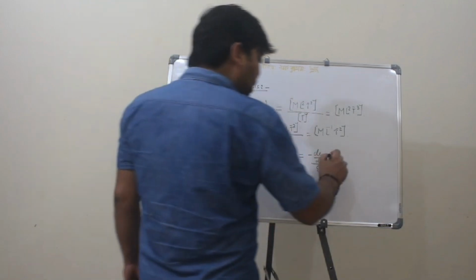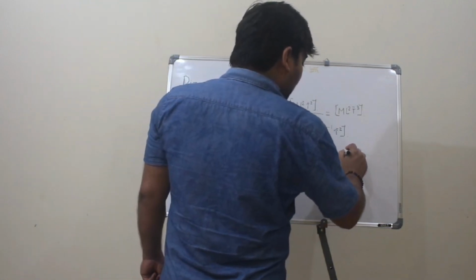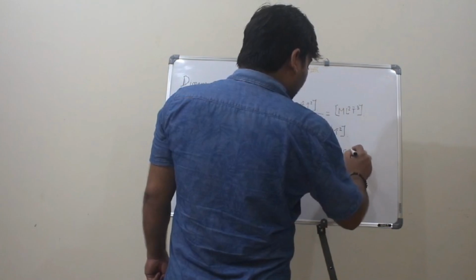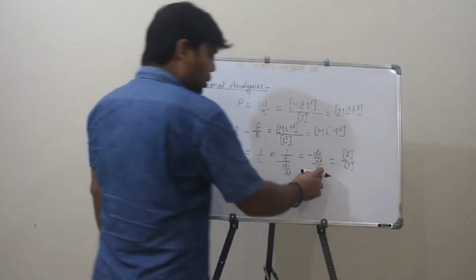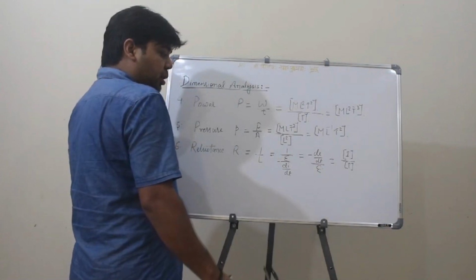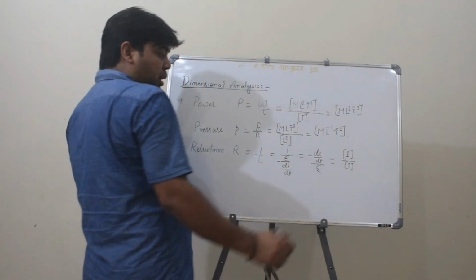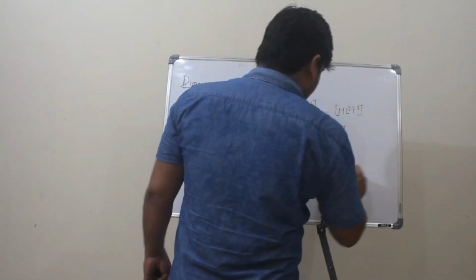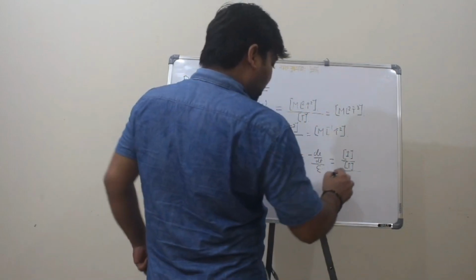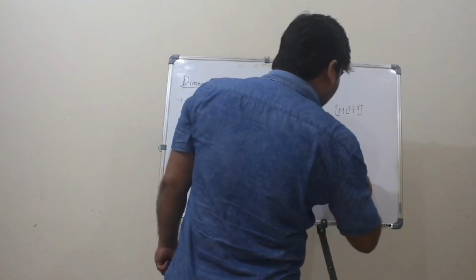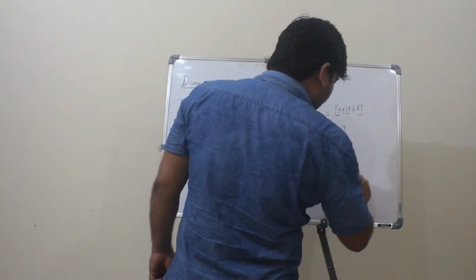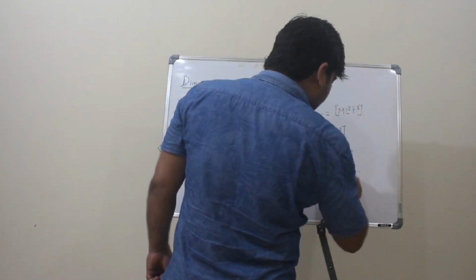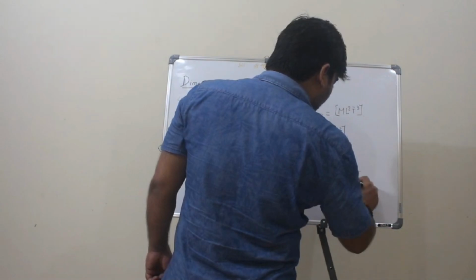Now di by dt is the current divided by the time, and this E is basically potential energy divided by the charge. So potential energy is M L square T to the power minus 2 divided by Q.